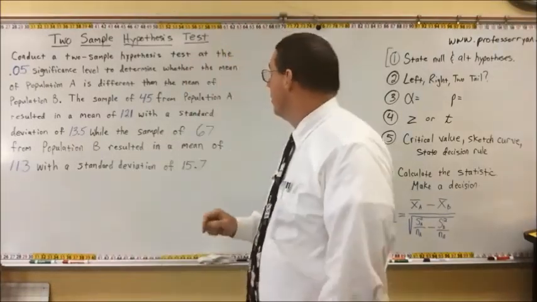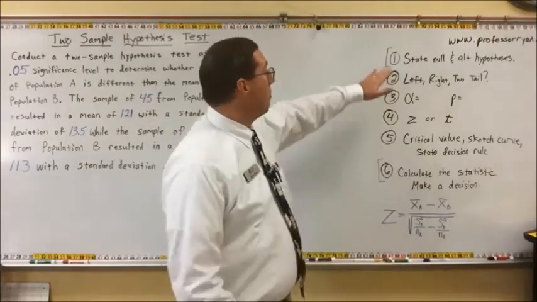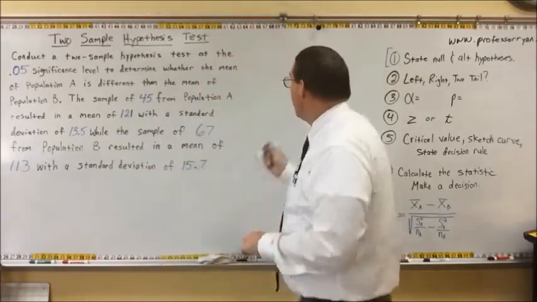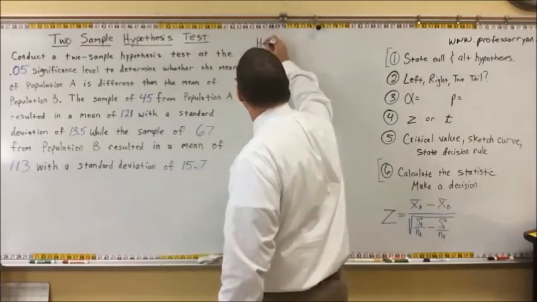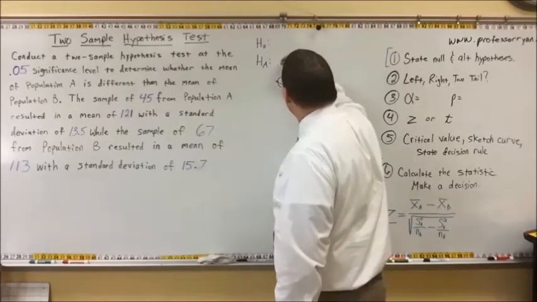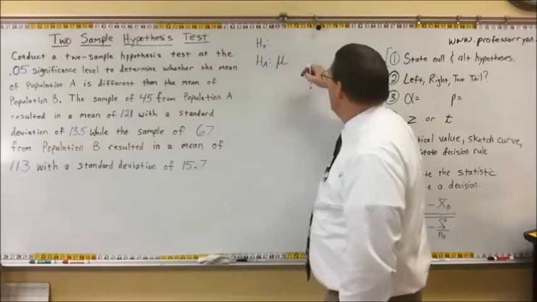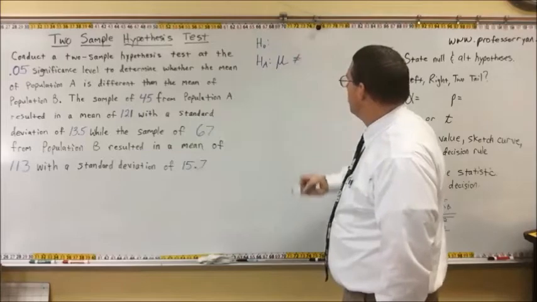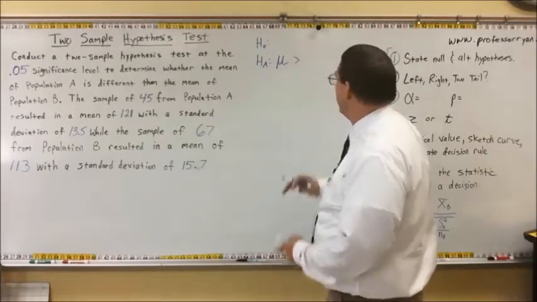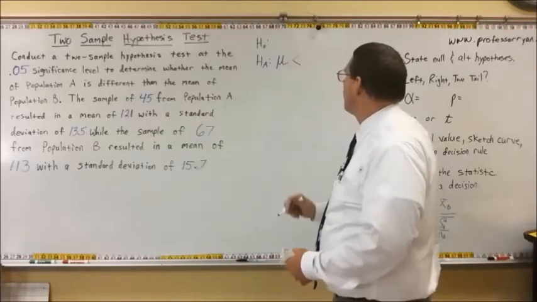And if you think of our 3 different kinds of null and alternative hypotheses, remember, when we do the alternative hypothesis, H sub 0 and then H sub A, we can either put not equal to here, or we can put greater than here, or we can put less than here.